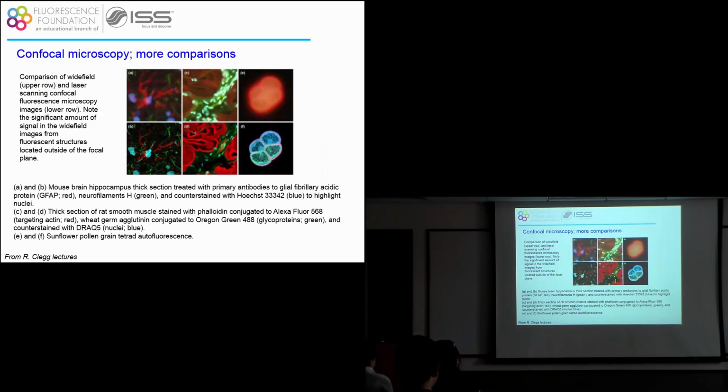These are additional images that show the difference. So on top we have images of the fluorescence microscope, and these are images of the confocal microscope. This is pollen, for instance. So you see the fluorescence microscope, this is the image, and this is the confocal microscope.